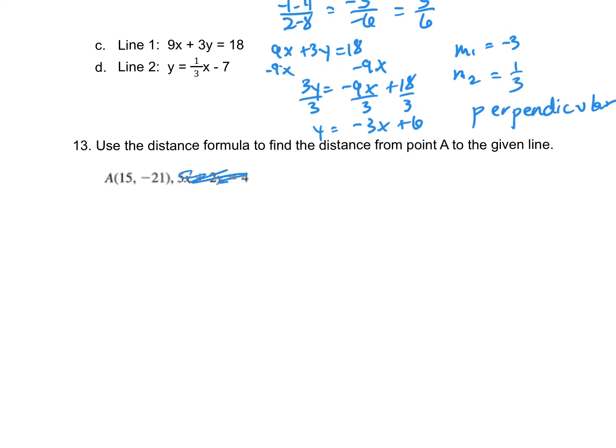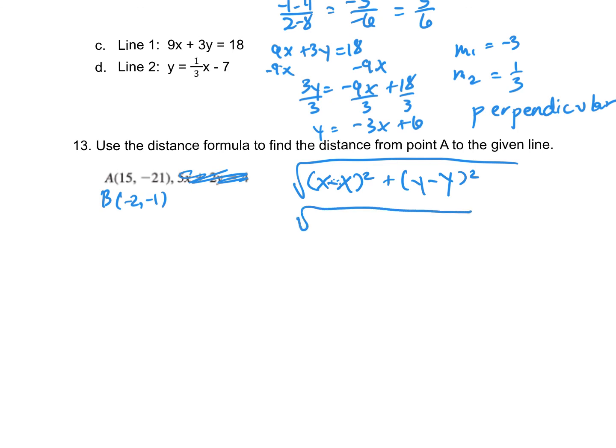13, we're going to use a different one. We're going to use b as negative 2, negative 1. Distance formula, x minus x squared plus y minus y squared. Put in our x's. So then it's 15 minus negative 2 squared plus negative 21 minus negative 1 squared.